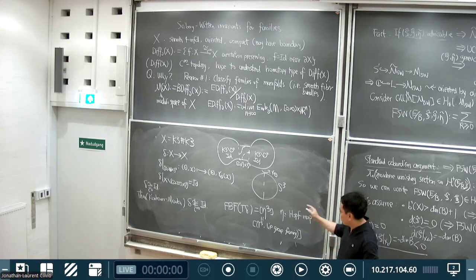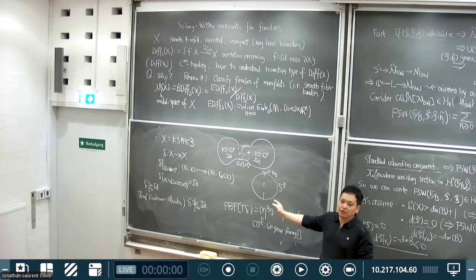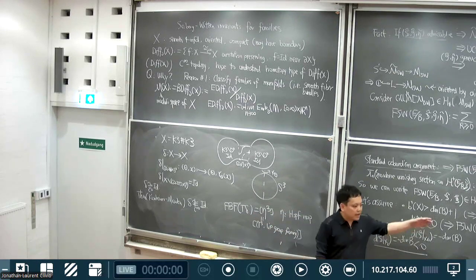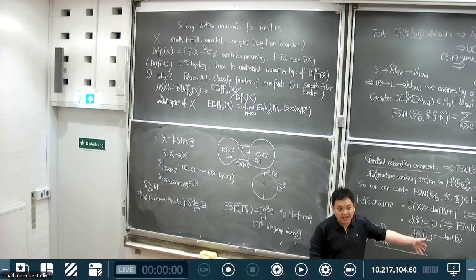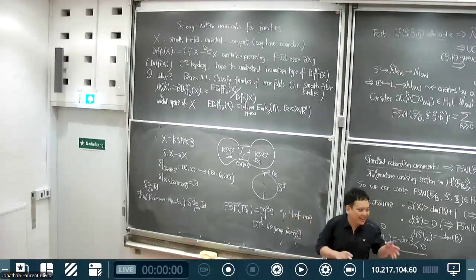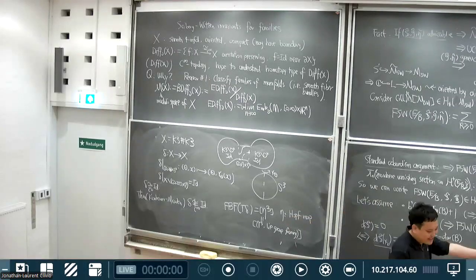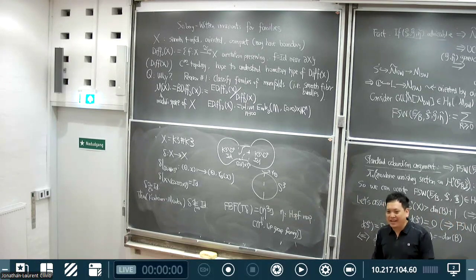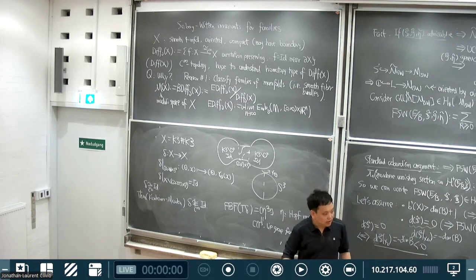So the family Bauer-Furuta invariant is non-zero, which means the monodromy is not smoothly isotopic to the identity. And here you can see that this is a result which cannot be seen by the numerical Seiberg-Witten invariant, because the Hopf map is torsion. So we cannot detect a torsion element by an integer-valued invariant.